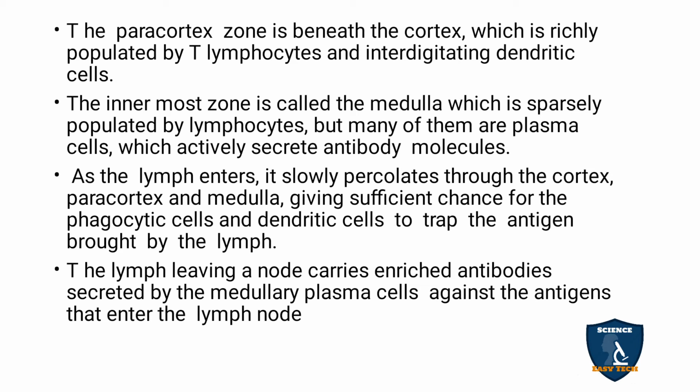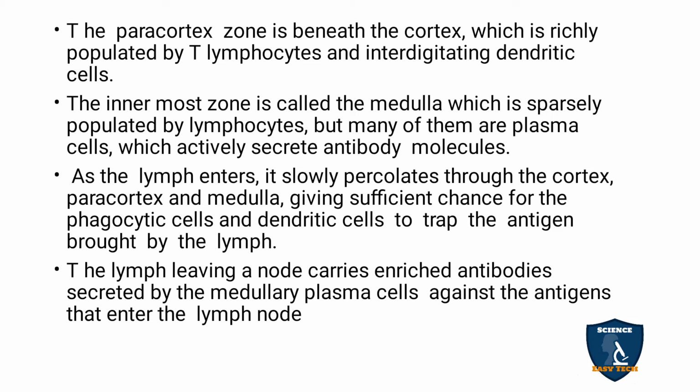So, in this region most of the cells are plasma cells, which actively secrete antibody molecules. So, the innermost zone is called the medulla, and here the lymphocytes are sparsely populated, very less in number, but most of them are plasma cells and they secrete antibody molecules.